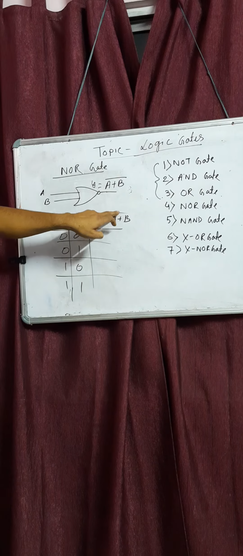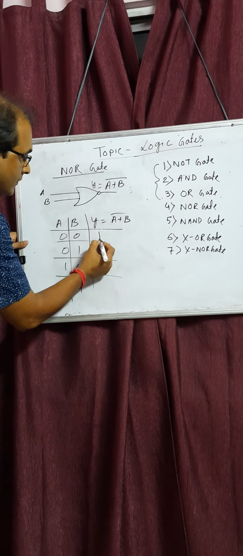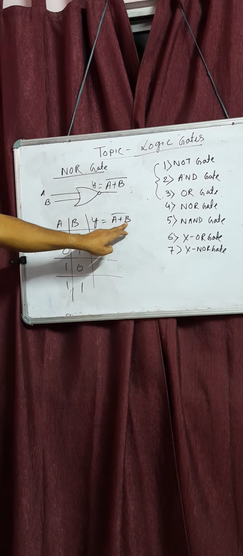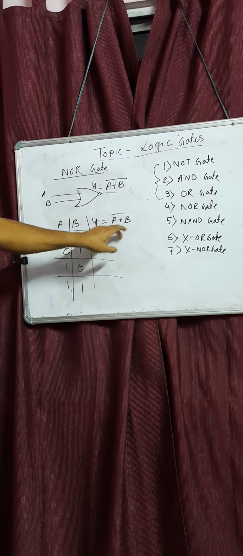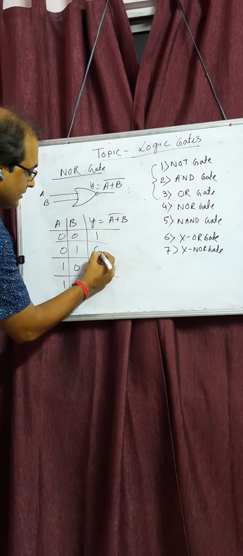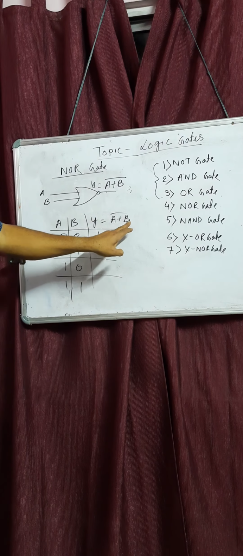But here we are applying a complement, so here it is 1. Then A is 0 and B is 1. So 0 plus 1 is 1, and its complement is 0.